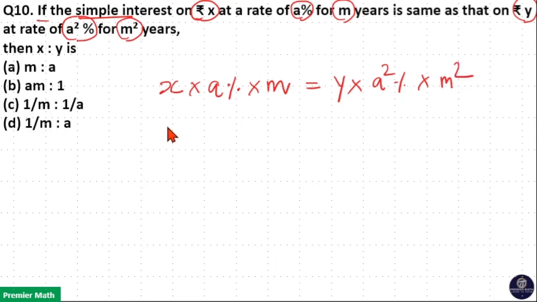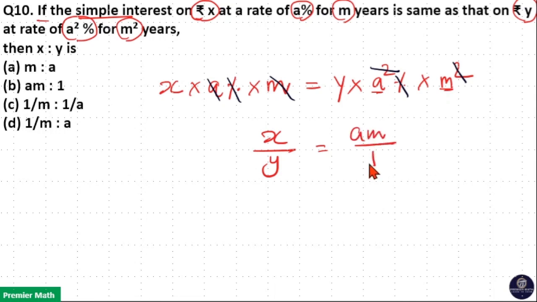Now, these both are the same. Here, percentage cancels. A square and A, A cancels. Now, M and M square, M cancels. Now, remaining is X by Y, which is equal to, here it is 1, here it is A and M. So, AM divided by 1 is X is to Y. So, option B is your answer.